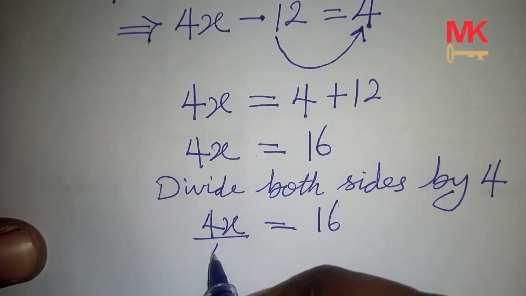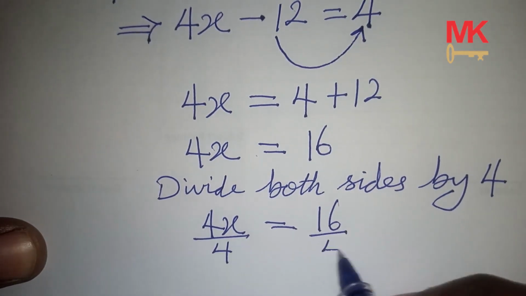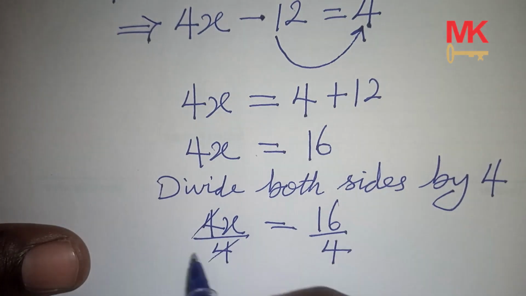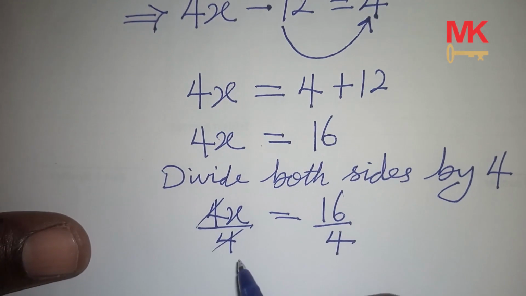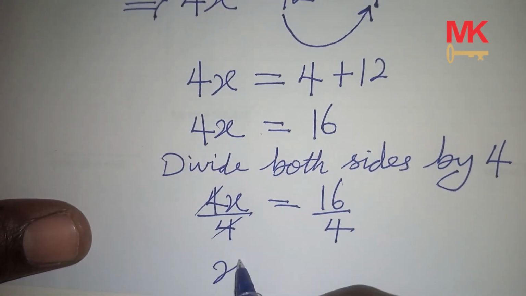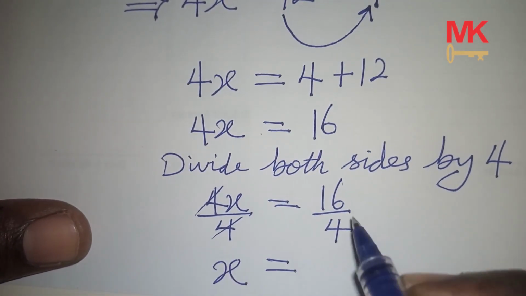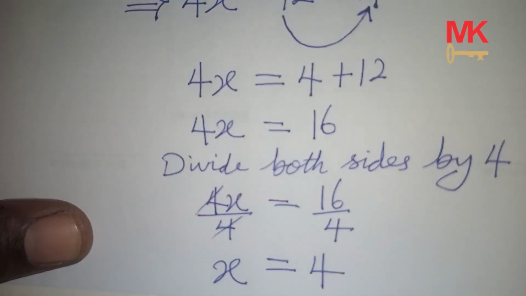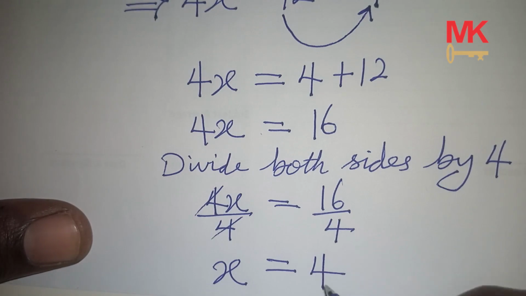Divide here by 4. Divide here by 4. So now 4 cancels 4, and what is left here is just x, which is equal to 16 divided by 4, which is equal to 4. Hence, x is equal to 4.